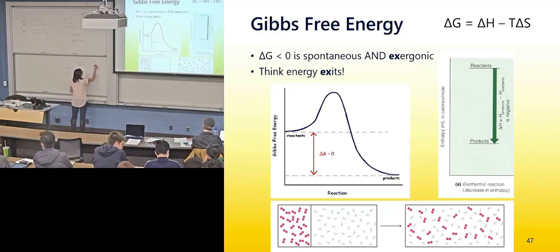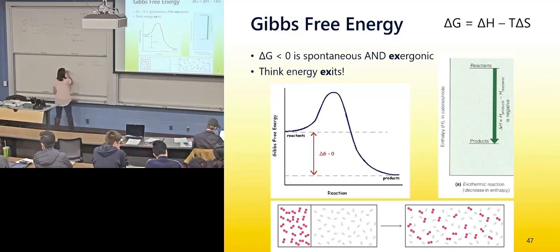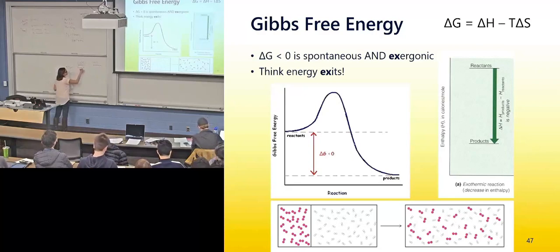It has endothermic. So what part of the box are we in for the always spontaneous situation? Top left, okay? If delta H is negative, delta S is positive, this is always spontaneous.